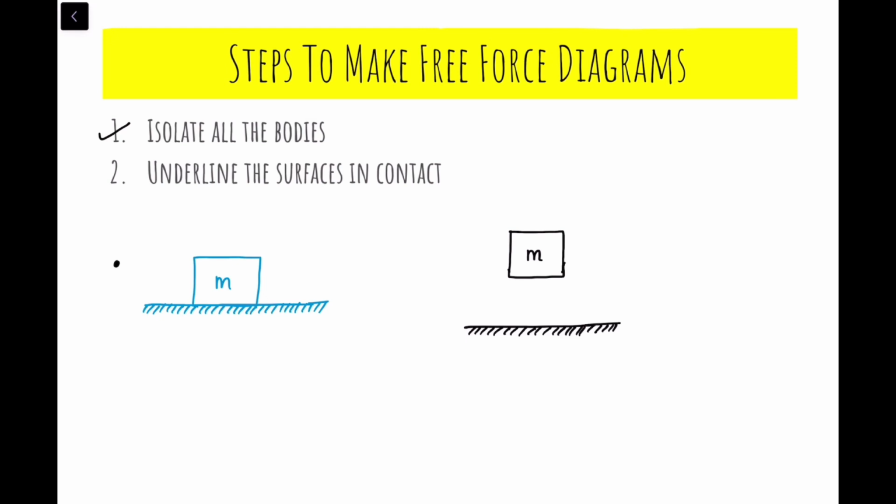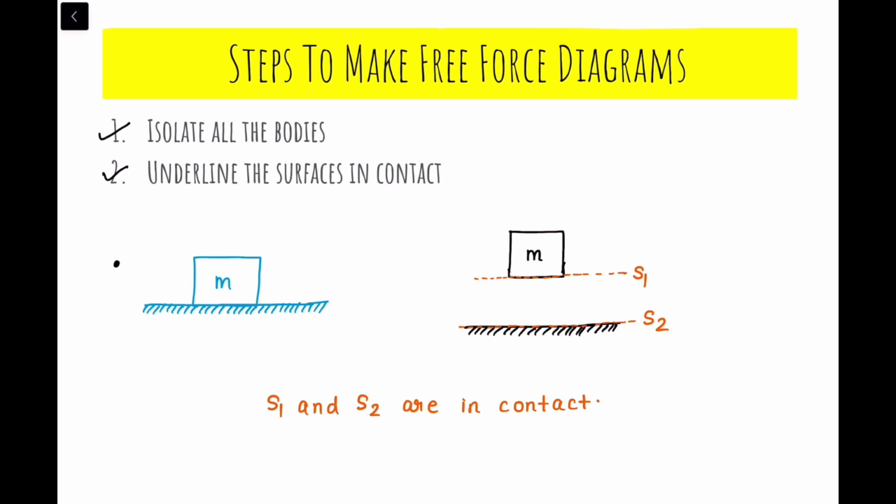The next step is to underline the surfaces in contact. You have to be very careful in this one. See that the lowermost surface of the mass m, suppose I call this surface S1, is in contact with the uppermost surface of the ground, S2. So S1 and S2 are in contact.